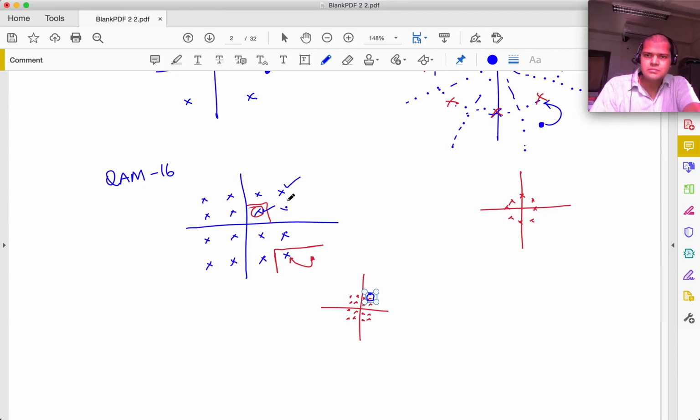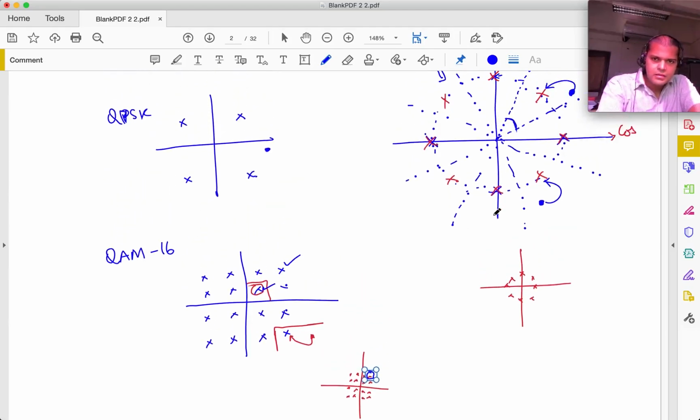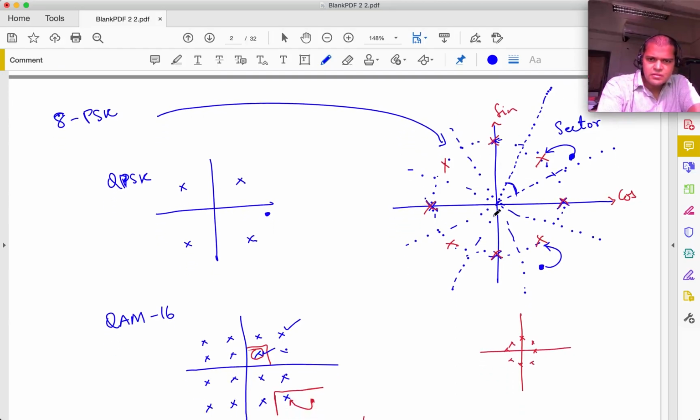Okay, so I need to accurately know how much the attenuation is to be able to guess the constellation point correctly in this case. Whereas here that's not required as much. Okay? But of course the attenuation would affect the bit error rate in this case too, because there could be some noise. So that's one of the reasons.